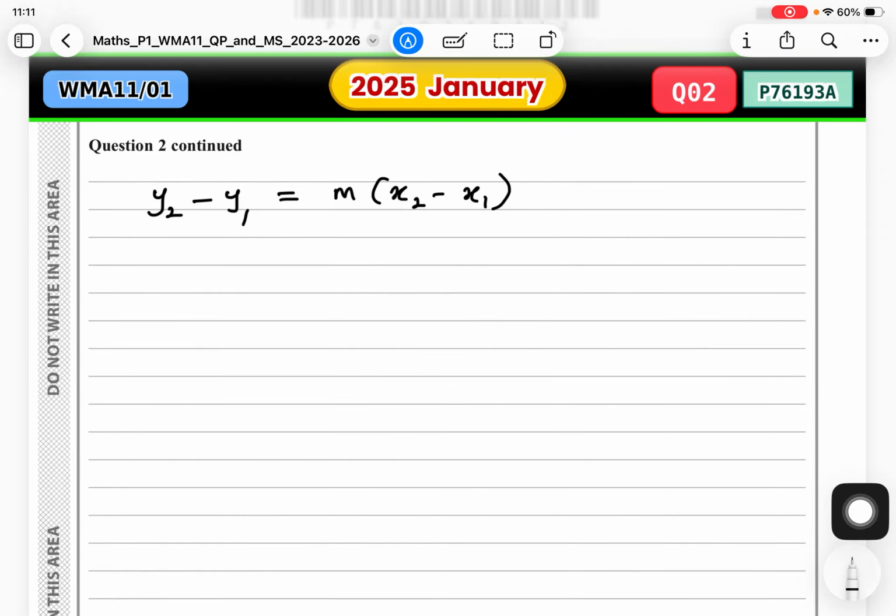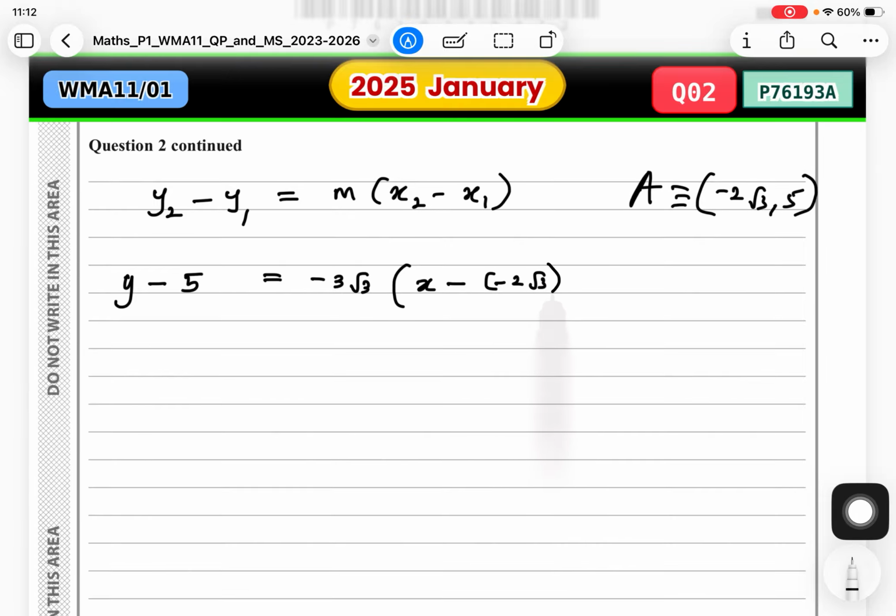We know the point A, which is negative 2 root 3 comma 5, is on the line. So we can take y minus 5 equals the gradient, negative 3 root 3, times x minus negative 2 root 3.